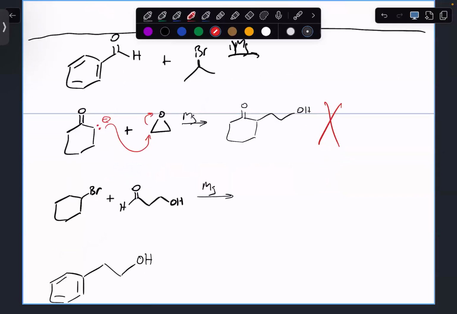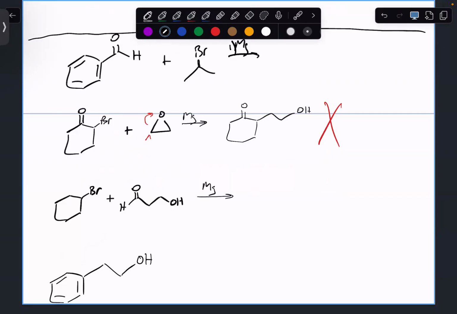What's the problem in the second example? It would be very unpredictable. It'd be very messy, so nobody would ever do that.